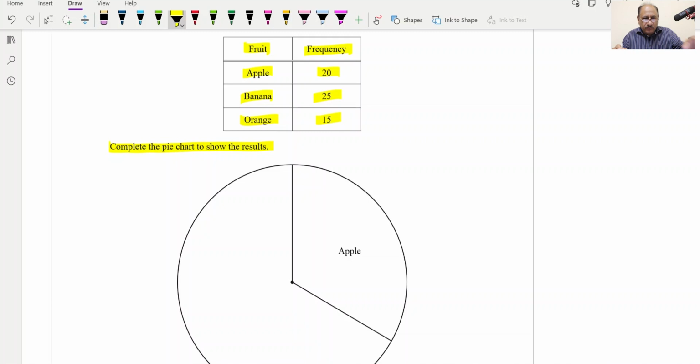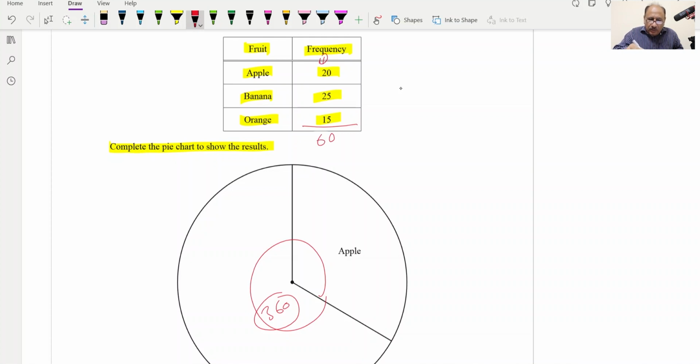We know that the sum of angles in a circle is 360, so we will be checking the distribution. So the sum of these frequencies is what we can check. This is 5 plus 5 will be 10, so 0 here and 1 carry, so 4, 5 and 6, so 60.